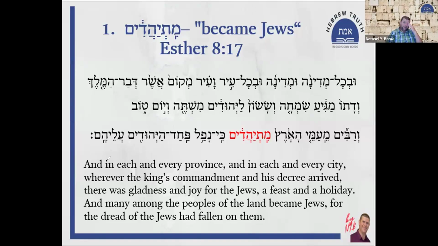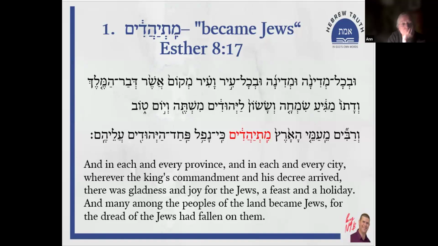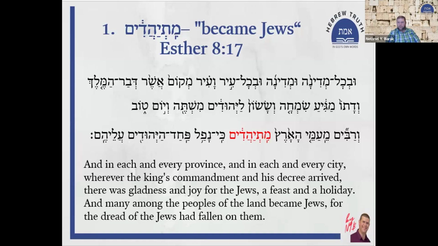So mityahadim. What is this concept of mityahadim? This hitpael verb, whose root is yod, hey, daled, is something that we don't have in classical Hebrew. It's unique, this idea of mityahadim.